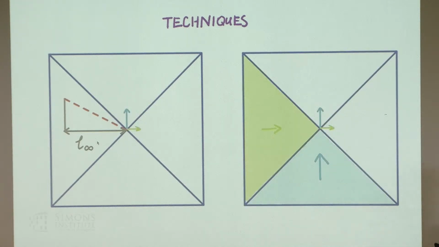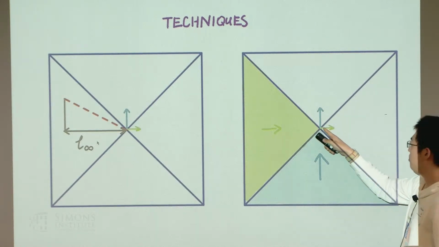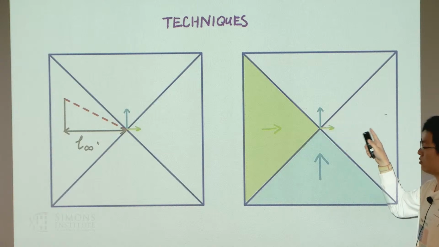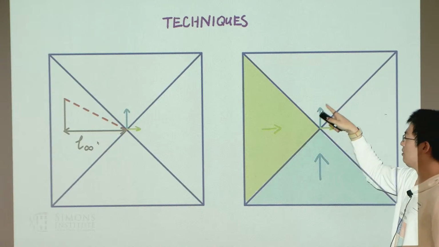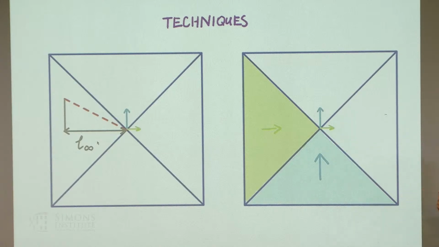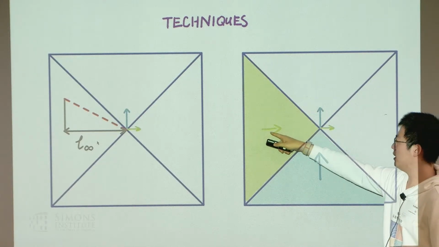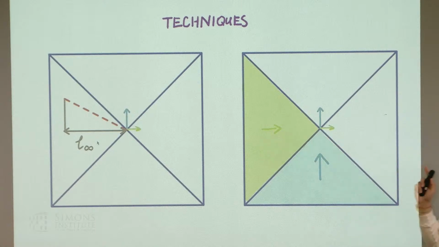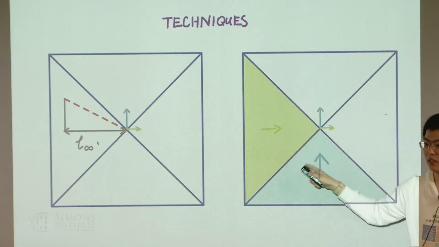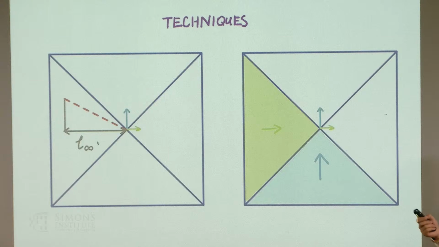Now for the 2-dimensional case, let's say we query this point, and we analyze the information by coordinate. Let's say for the first coordinate, it moves right, and for the second coordinate, it moves up. Then I'm claiming that every point in this blue region has to go up, and every point in this green region has to go right. This means all these points cannot be fixed points because they moved.